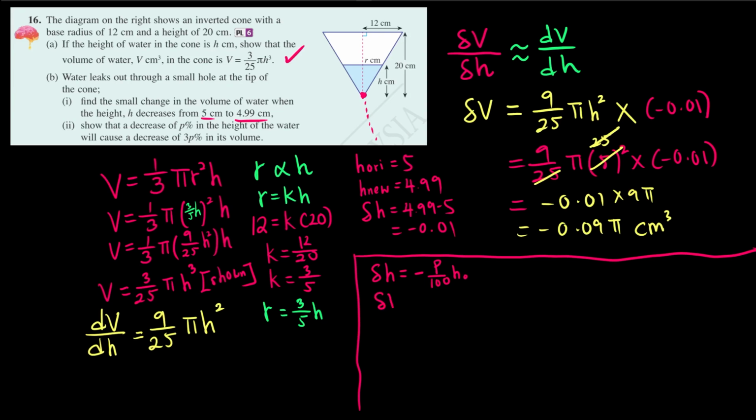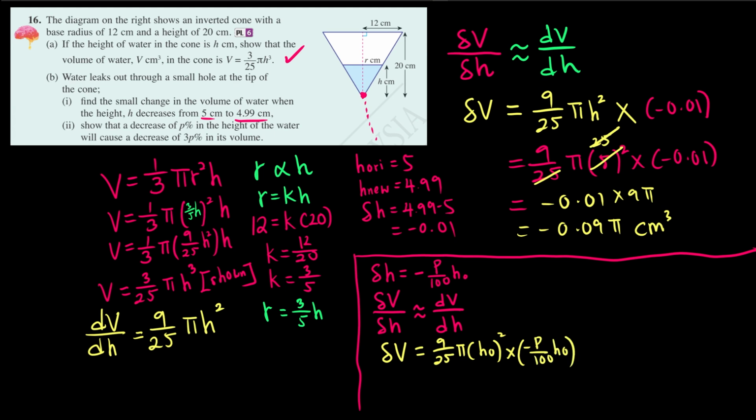We can say that delta V over delta H can use differentiation as the approximation tool, which is dV over dH. But we already found what dV over dH is, so now we can just substitute. Since they asked us to show the delta V, we are looking for delta V equivalent to 9 over 25 pi. What is the height? It's the original height, but we don't know it, so we use h original squared times delta H. Delta H is going to be times negative p over 100 h original.